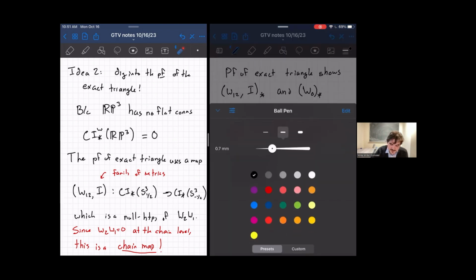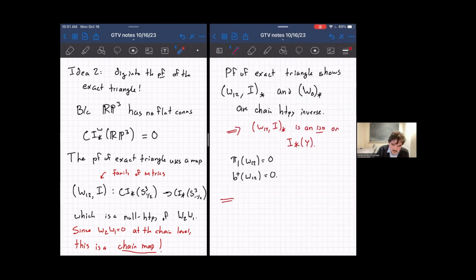But after some fiddling, an argument much like the one before implies that 1/2 surgery can never be diffeomorphic to -1/2 surgery. We show that the kappa invariants are necessarily distinct from one another.